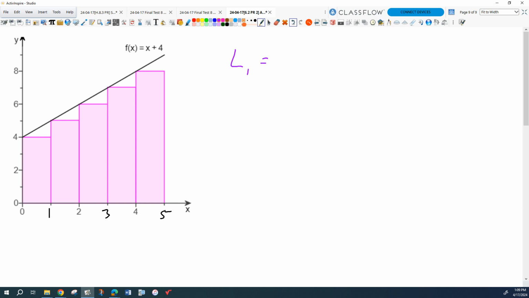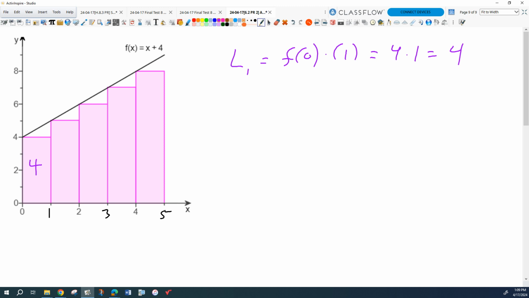What's the height? Yeah, it's 4 because it's going to be f of 0, right? Because x equals 0 is the left edge of the first rectangle. So f of 0 times my width of 1. f of 0 is 0 plus 4 is 4, times 1 equals 4. So there's the area of the first rectangle.